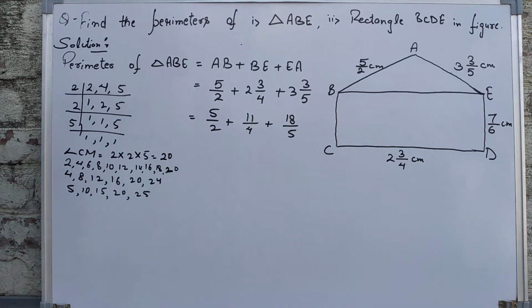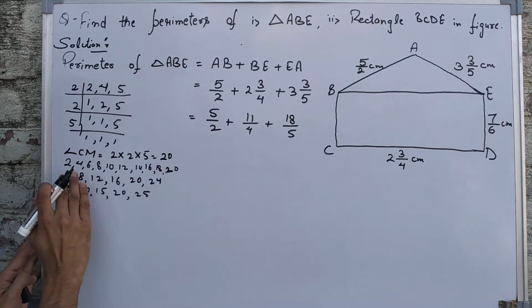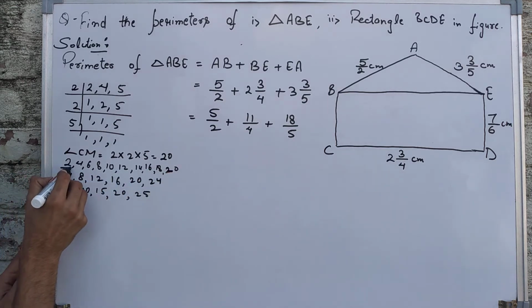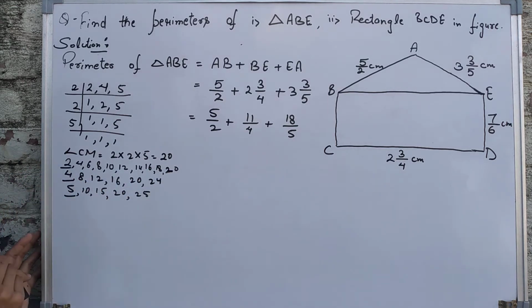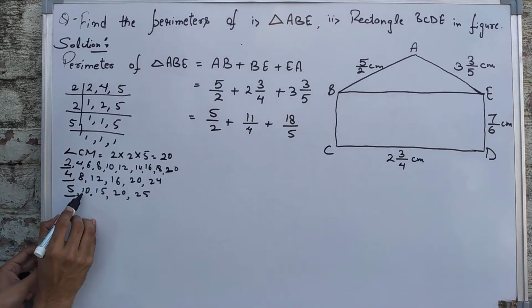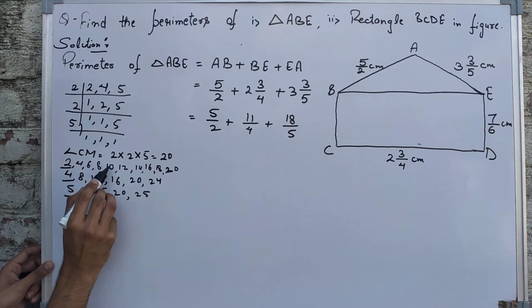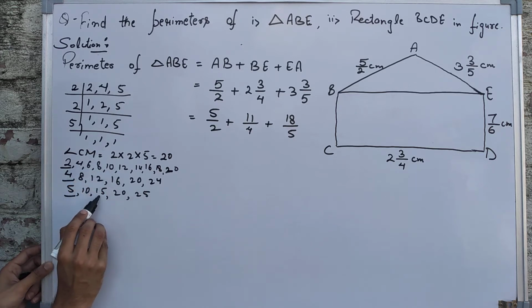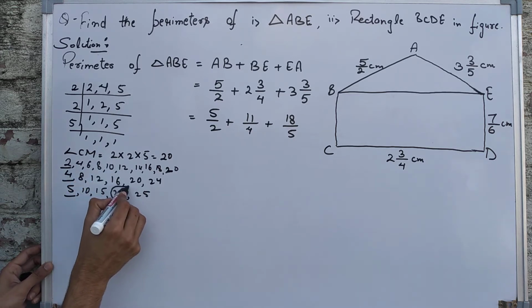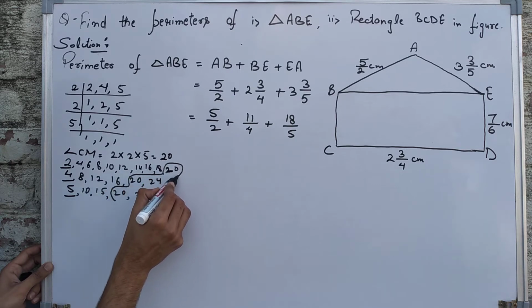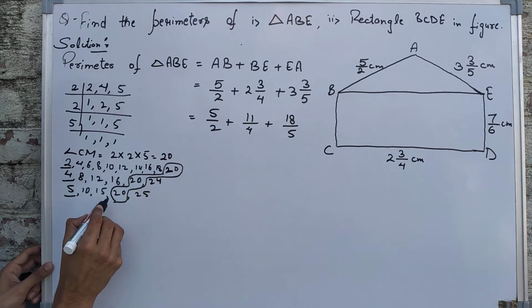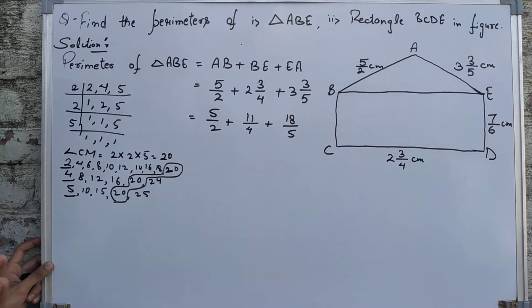Now the question is, which is the least common multiple? Starting from here, is there 10 in all the numbers? No. 15? No. So this 20 is there in all three. So this is our LCM. This is what LCM is about.